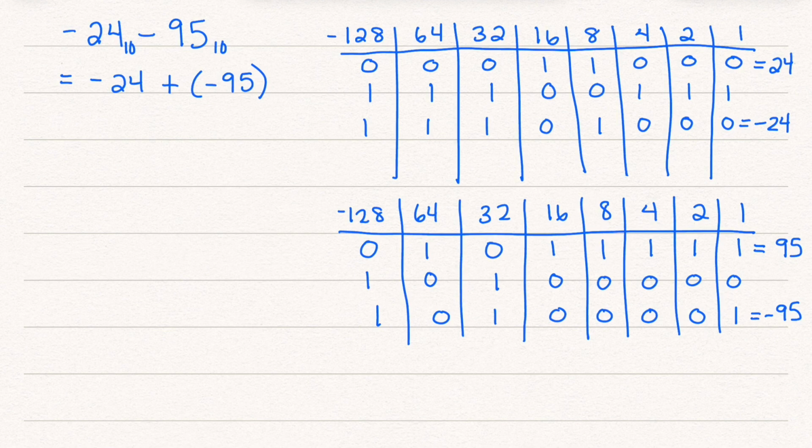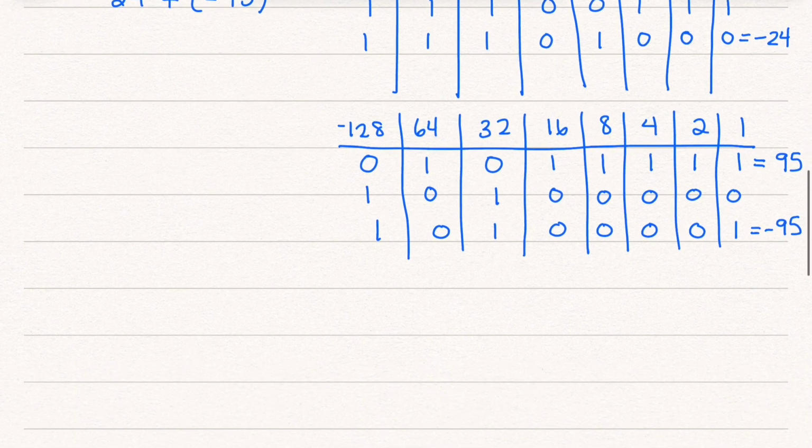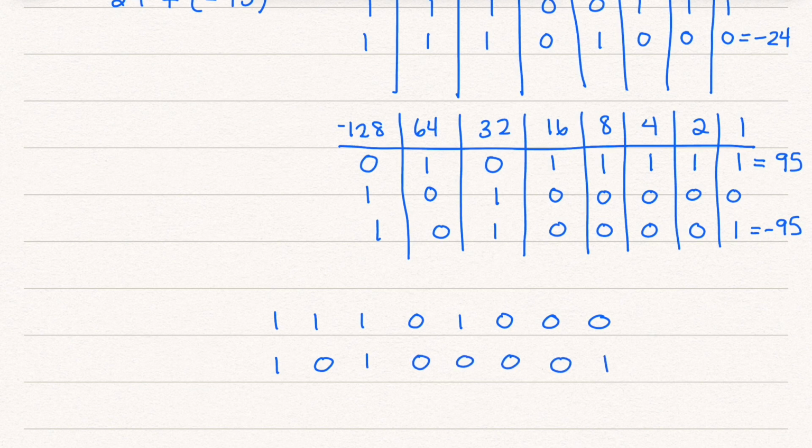Okay, so now that I have my negative 24 and my negative 95, I can do my addition. So I have 1, 1, 1, 0, 1, 0, 0, 0 for negative 24. And then 1, 0, 1, 0, 0, 0, 0, 1 for negative 95. And I'm going to do an addition.